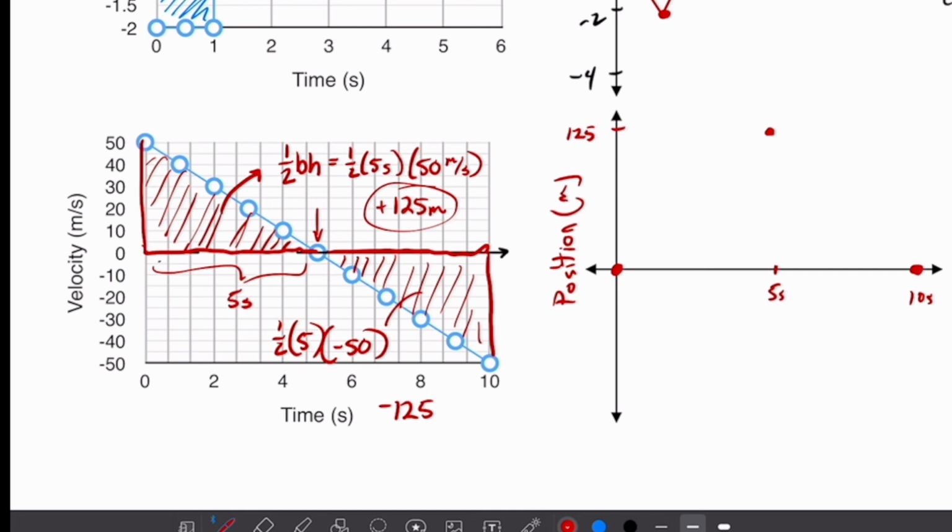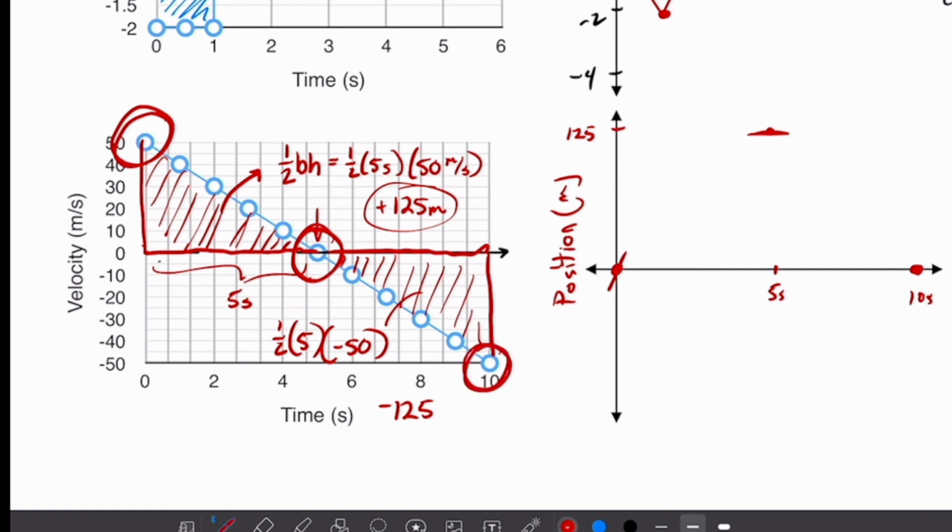We're going to have to stop here, but you should think about what we'd have to do to connect these together. I'm going to keep talking because I'm recording, but you should think about it. For example, this is the slope at time 0. It's a slope of positive 50. This is the slope at 5 seconds. It's 0.